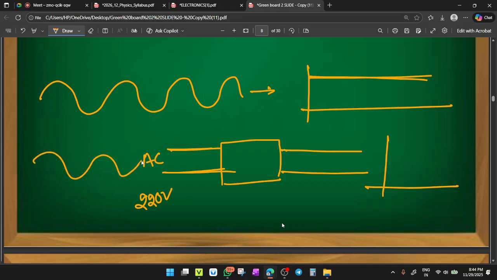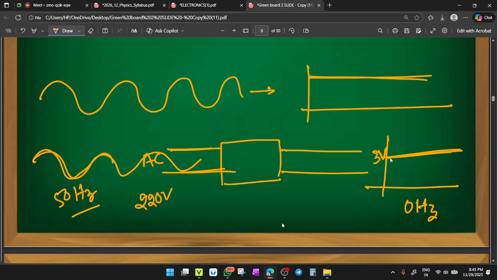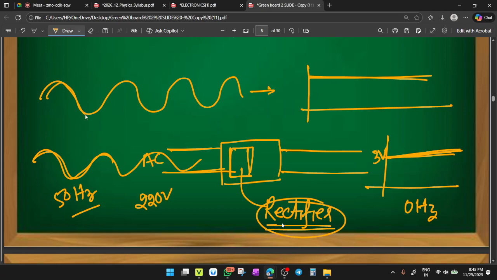As an input, you take the AC supply with a 50 hertz frequency and convert it into a DC supply of 0 hertz frequency, and 3 volt. So how can you obtain this? The very first and important part you use here is a rectifier. So a rectifier is used to convert your AC supply into DC supply.